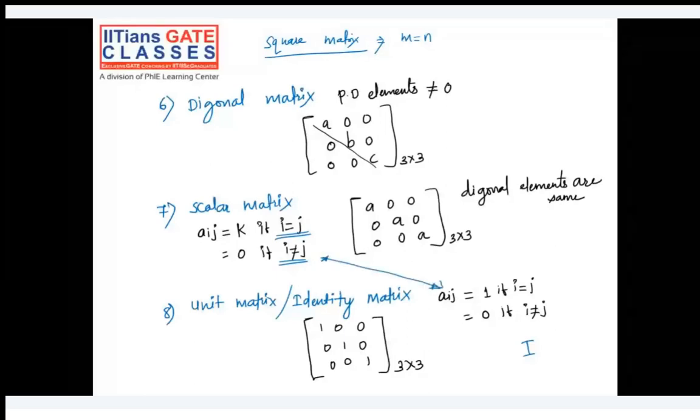So a unit matrix is a scalar matrix, but a scalar matrix may or may not be a unit matrix. If the value of the elements of the principal diagonal is 1, then only it is a unit matrix. Otherwise it is a scalar matrix. So a scalar matrix is a subtype of diagonal matrix, and the unit matrix is a subtype of scalar matrix. Is it clear till this? Can I proceed?